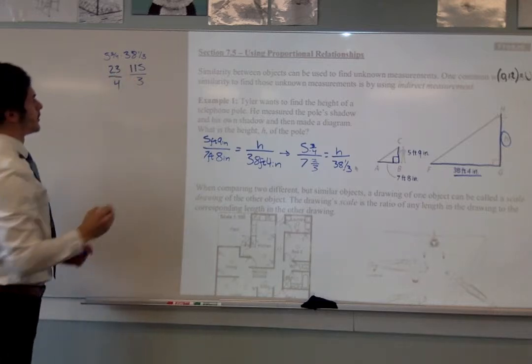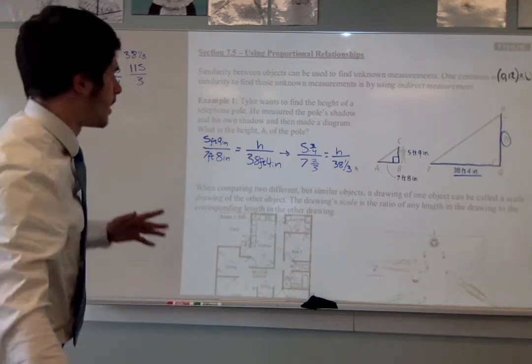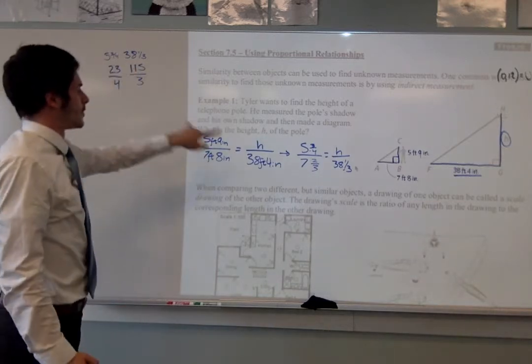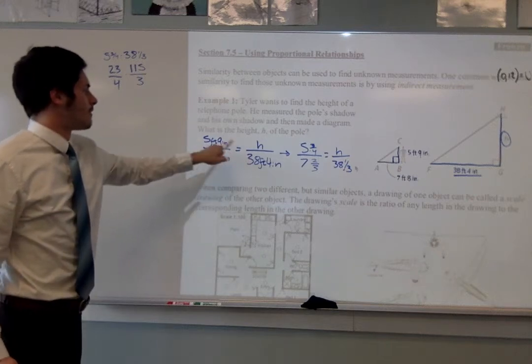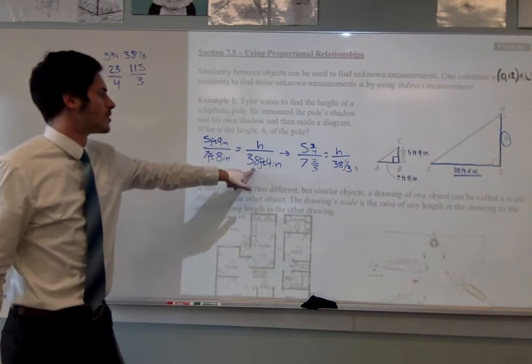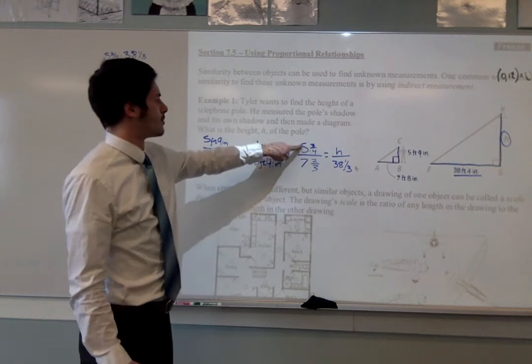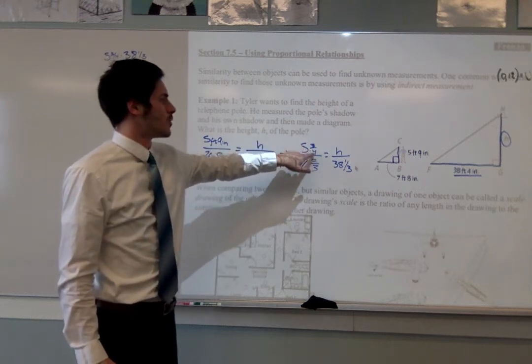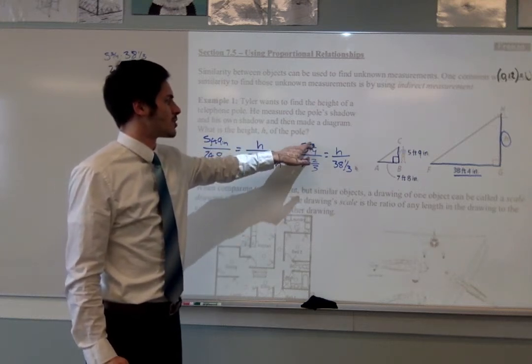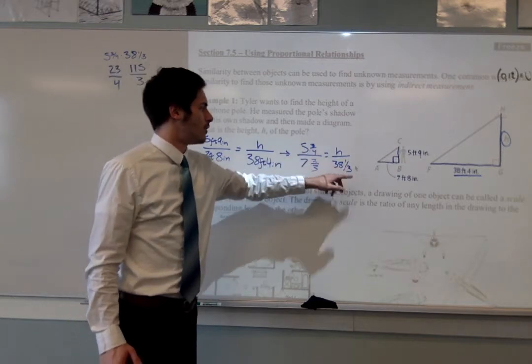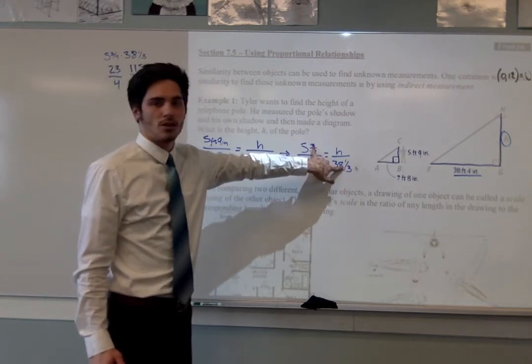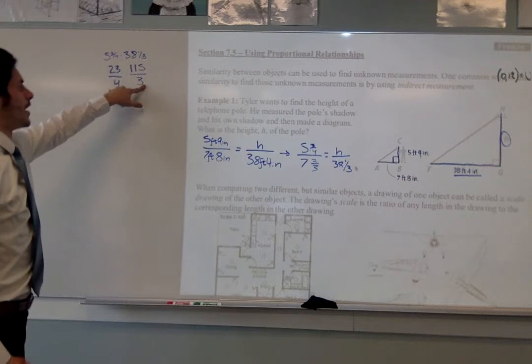If you're not following along with me right now, these numbers I pulled from here. They started at 5 foot 9 inches and 38 feet 4 inches, and then I turned them into fractions, with this being inches out of the foot, and then I multiplied these for cross multiplication, and that's where I'm at.